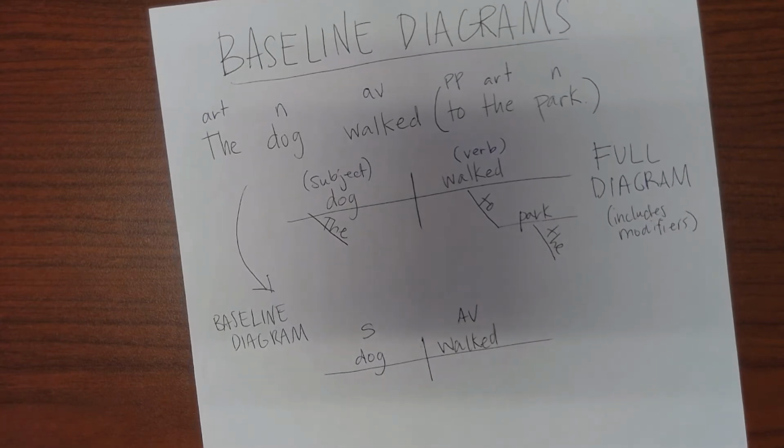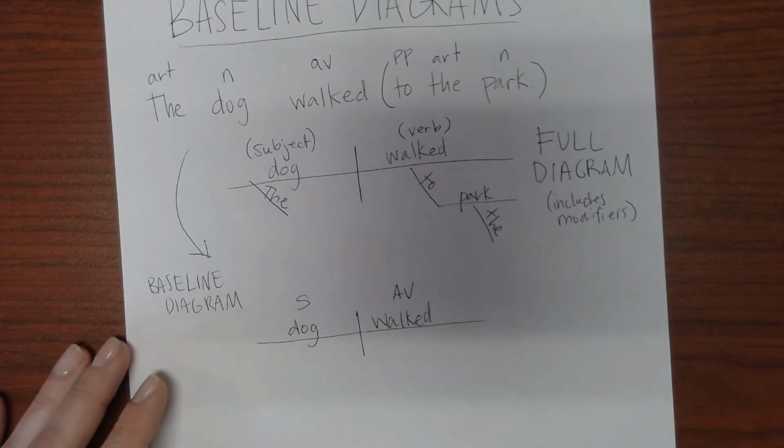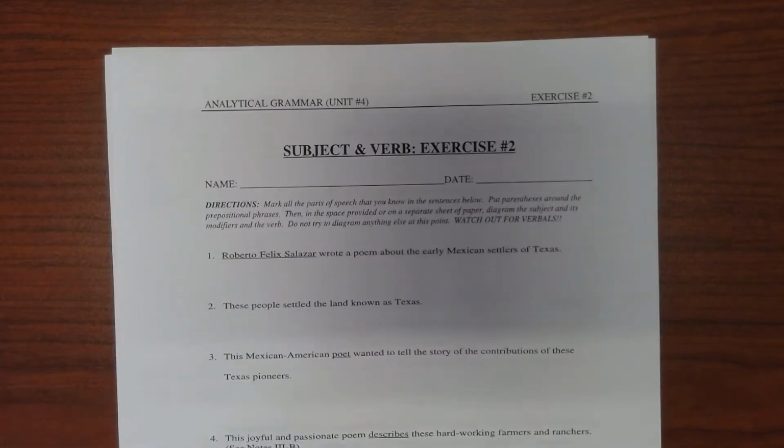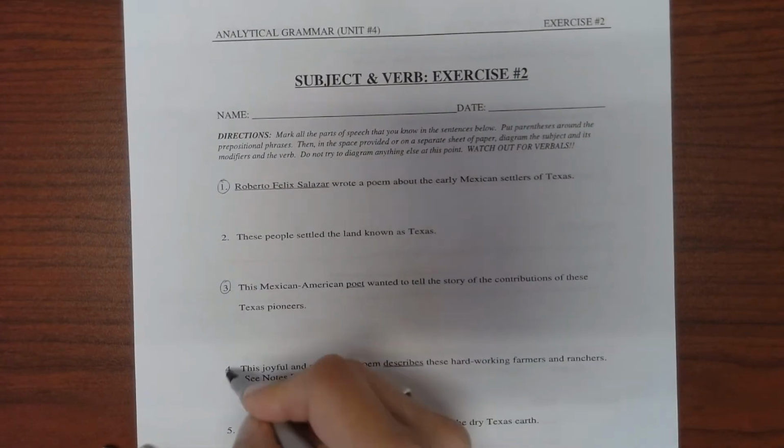So, let us take a look at your homework for tonight, which is exercise 2. All right, so exercise 2, you have to do diagrams for 1, 3, 4, and 9, I believe.